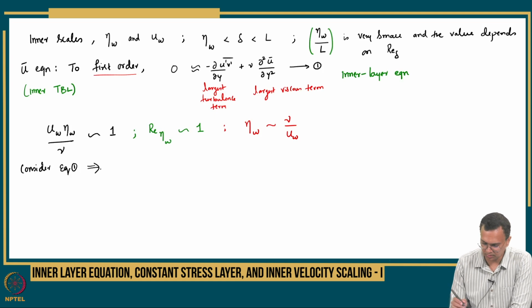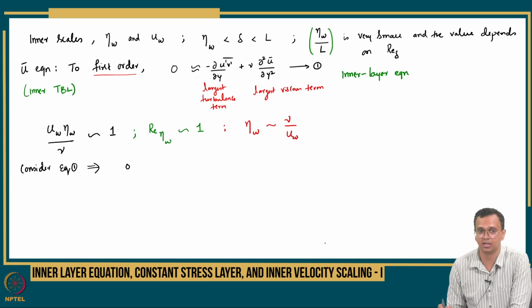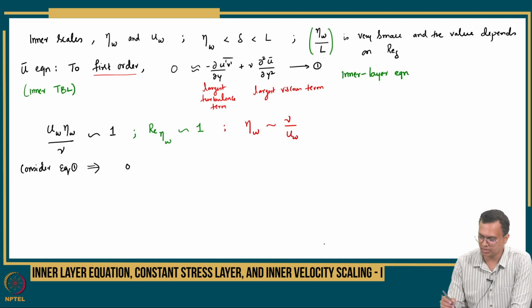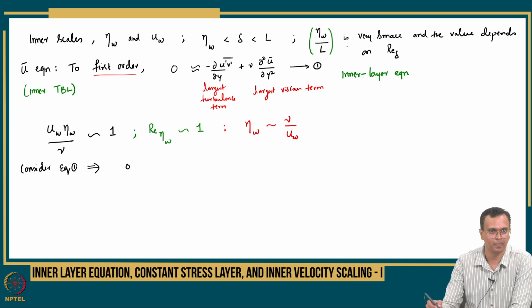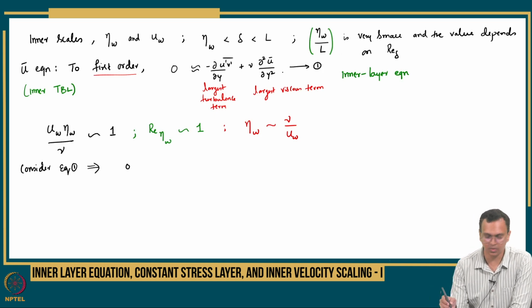So I have 0, which is approximately equal to this, because there are other second order terms, and I already told you this equation 1 resulted because eta w by L is small. But if eta w by L becomes 0, then this equation 1 becomes exact. That means it will become 0 equal to this.